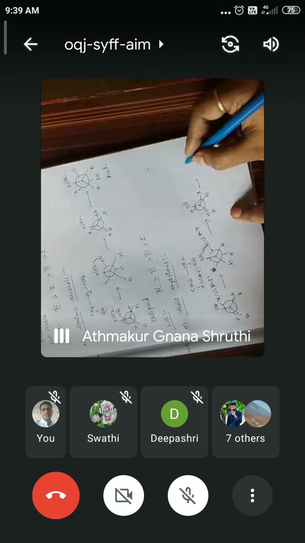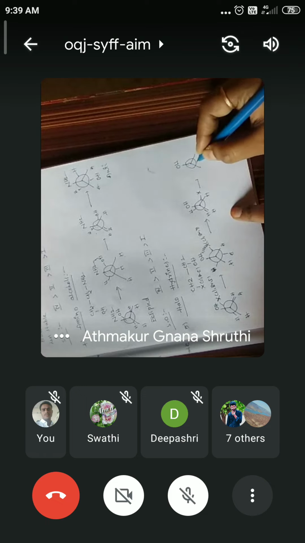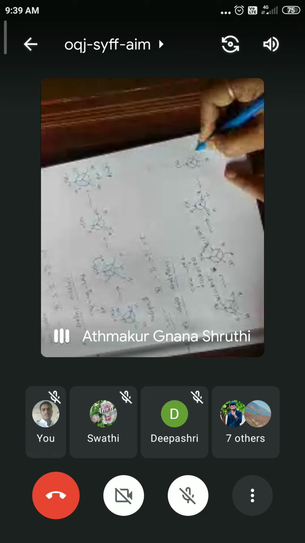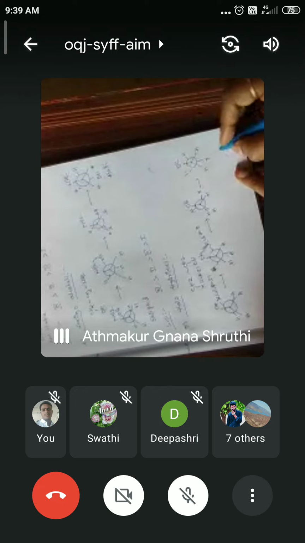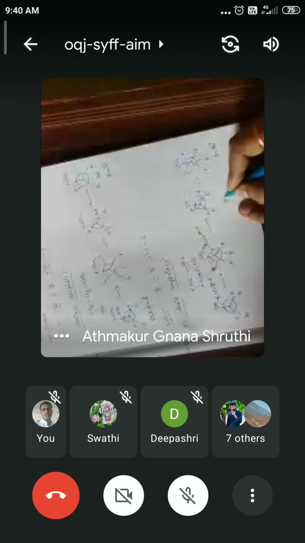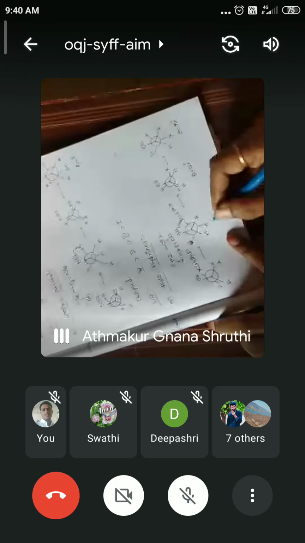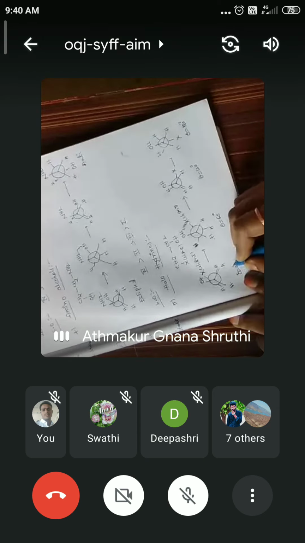And the last structure is OH and X, hydrogen and hydrogen and hydrogen. So this is 180 degrees, 120 degrees, 60 degrees, 0 degrees.